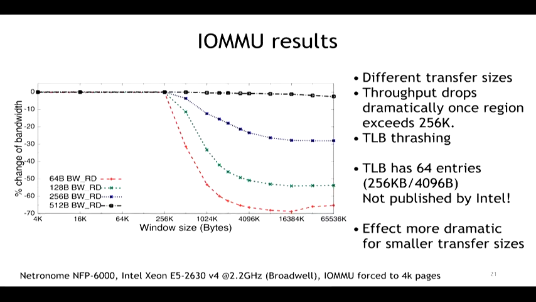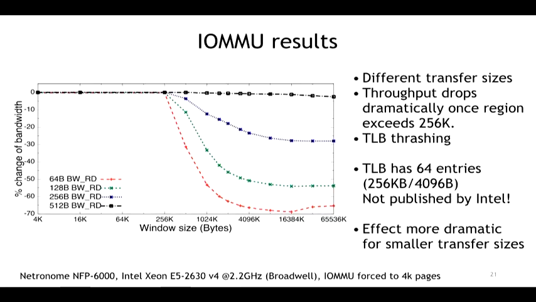And that is actually a number Intel doesn't publish. But what this also means is that when you design your system and allocate host buffers, you want to allocate them together, you want to make sure that you use as few TLB entries as possible.